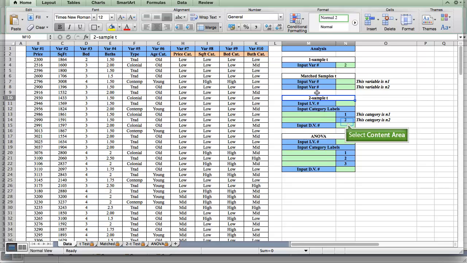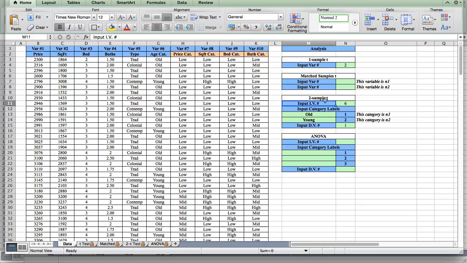The two sample t is going to allow us to take a quantitative variable like price and group it into two separate samples. So this would be appropriate if our independent variable is in two categories, and only if our independent variable is in two categories.